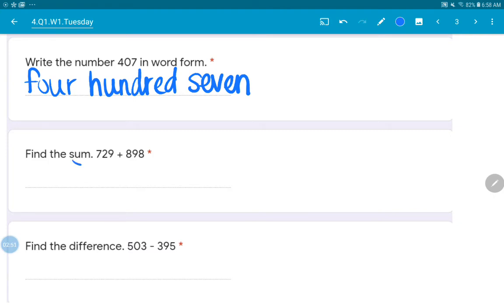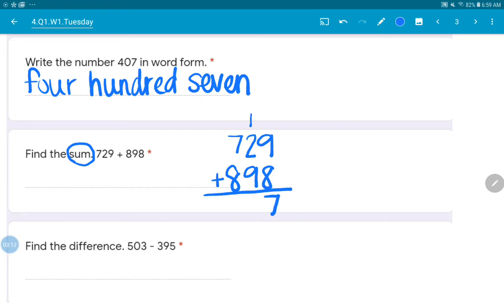Next, we have to find the sum. The sum is the answer to an addition problem. So I'm going to add 729 plus 898. If I start with my smallest unit, I'm going to add the ones. 9 plus 8 equals 17. Write down my 7.